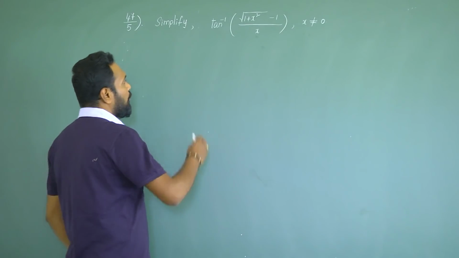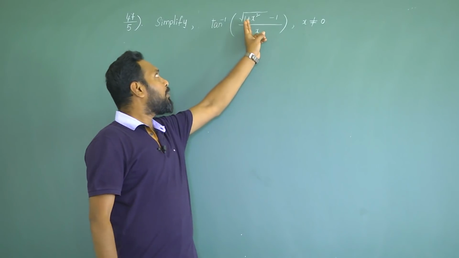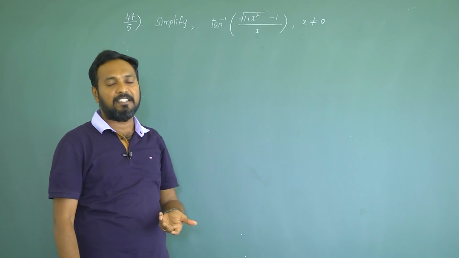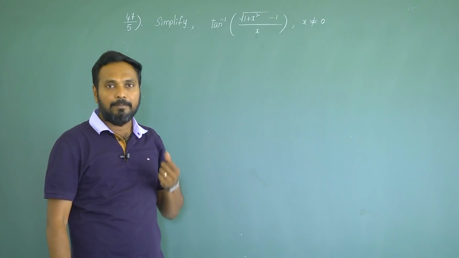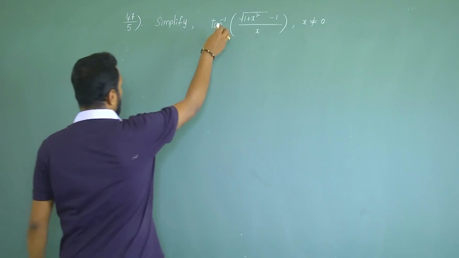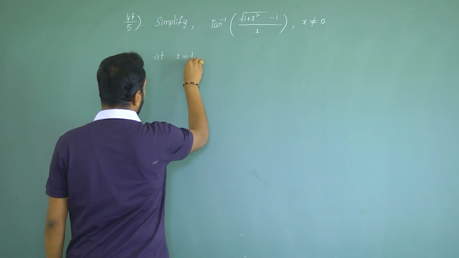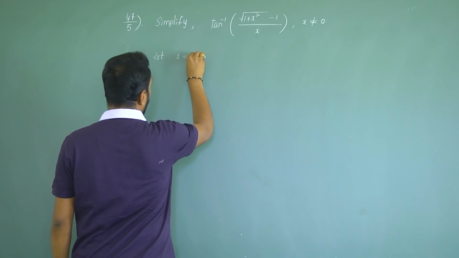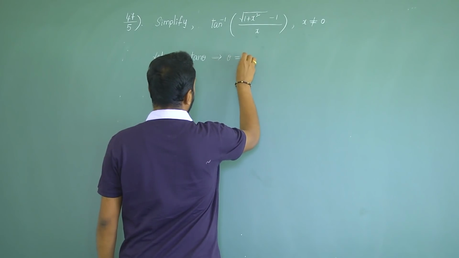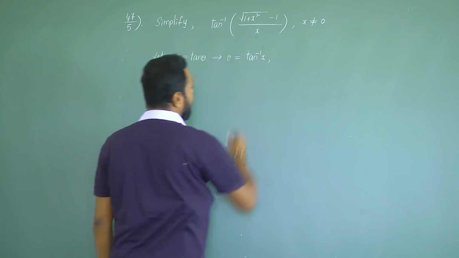Now, if you recall the functions of assumption forms, if root of 1 plus x square is present, then we need to assume tan theta or cot theta. First, I am assuming let x equals tan theta. This implies theta equals tan inverse x.